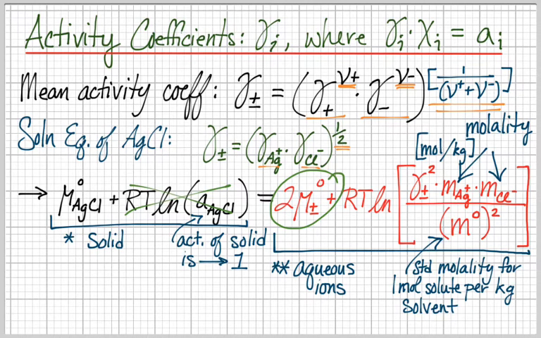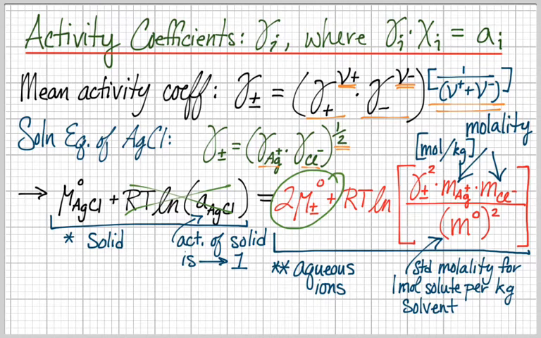But what I'm going to do is start separating these guys apart. I've set up a basic equation of chemical potential of the solid on the left, chemical potential of the ions on the right, and now I'm going to proceed to separate some variables so that I can start to answer some interesting questions about the chemical potentials only using the mean activity coefficient.